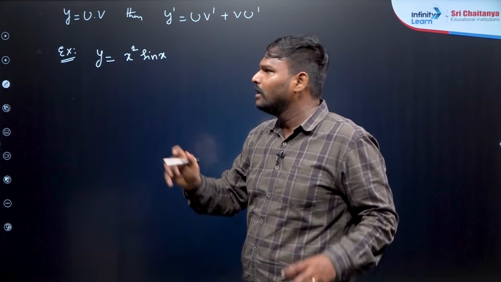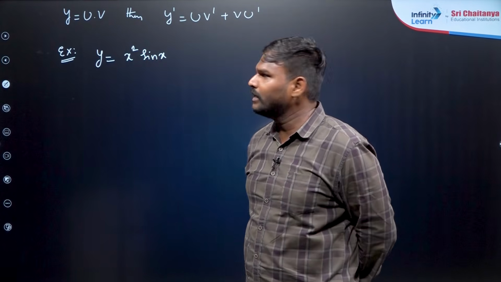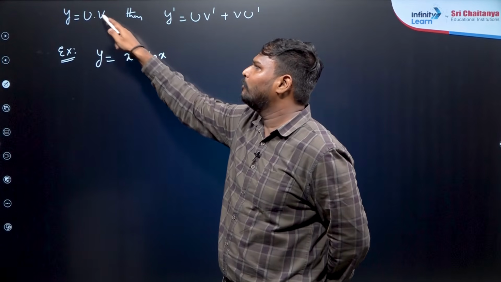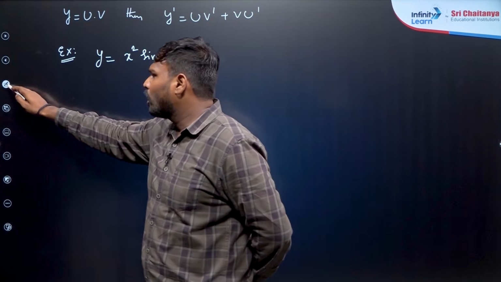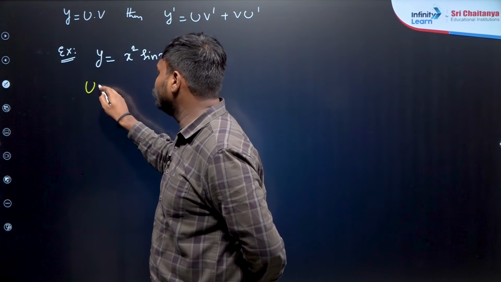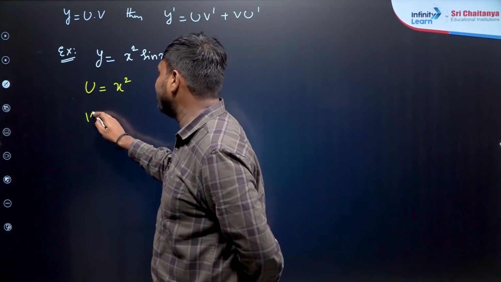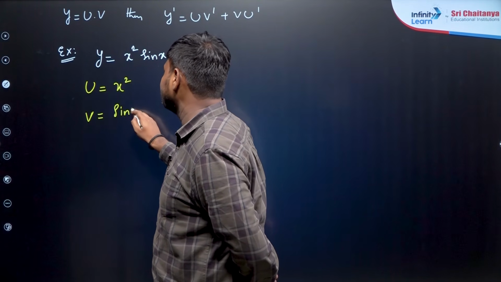Both are multiplied. x square into sin x is y, right? So here u is being multiplied by v. So how to solve this question? We will take u as x square and v as sin x.